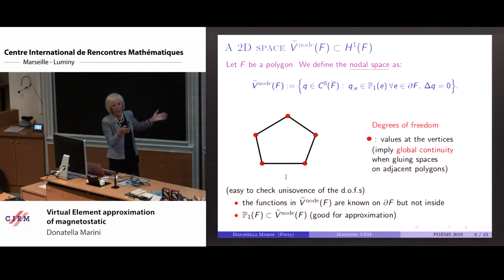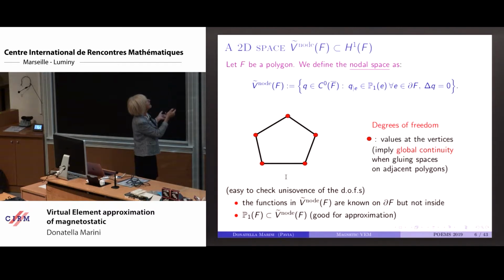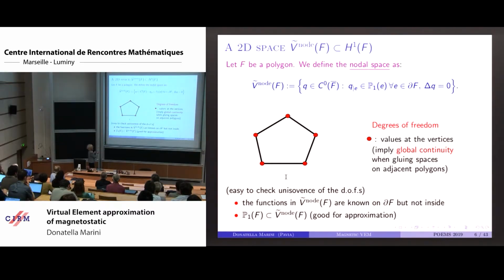We know that they are harmonic, but if we want to know them, we should solve a harmonic problem, and we don't want to do that, of course. We also know that the space of polynomials of degree 1 is included there, and this is good for the approximation, which will be of order 1, okay?